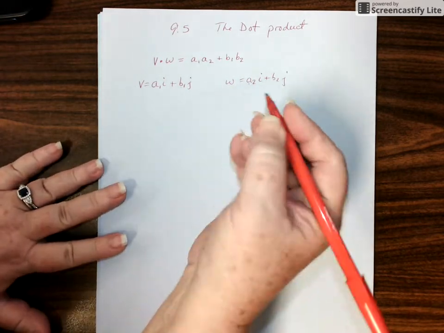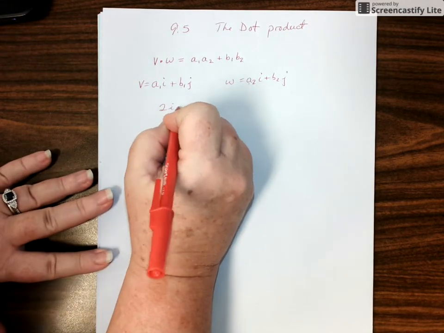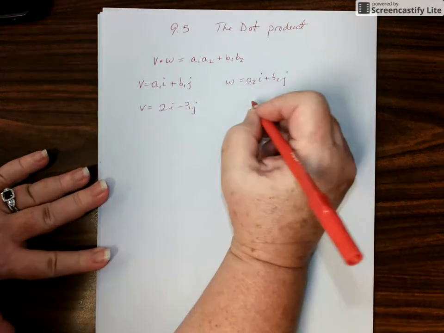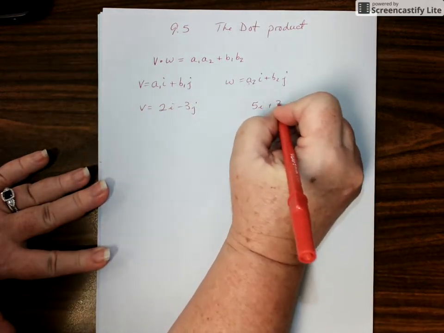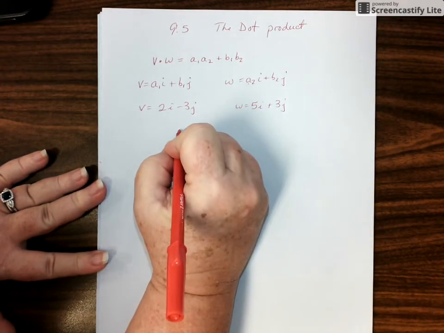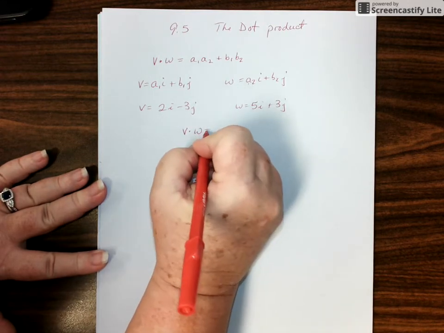So let's start off with two vectors, 2i minus 3j, we'll call that v, and 5i plus 3j, and we'll call that w. And I want to do the dot product of v and w.